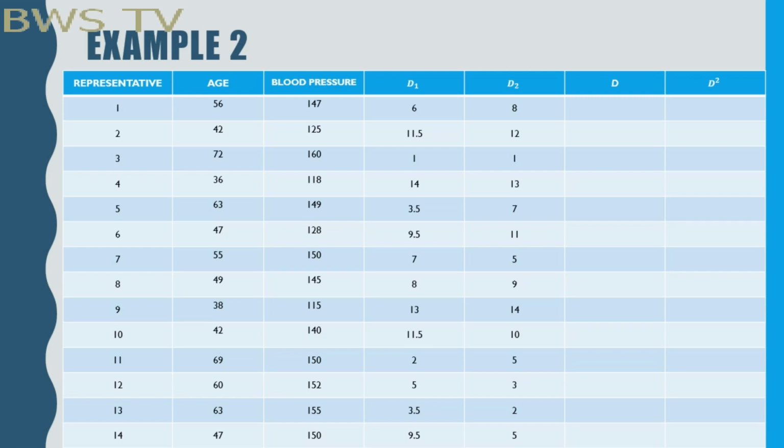So here are their answers. Now, after ranking, we'll be subtracting the numbers under columns D1 and D2. After subtracting, we'll be squaring the difference between those two numbers and putting the answers in the D squared column.